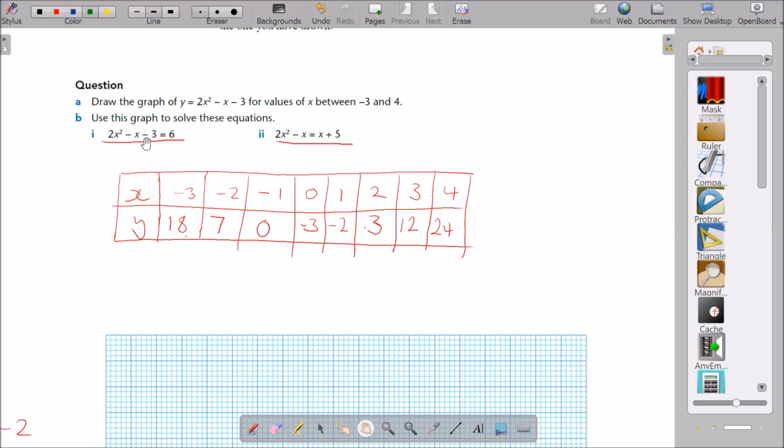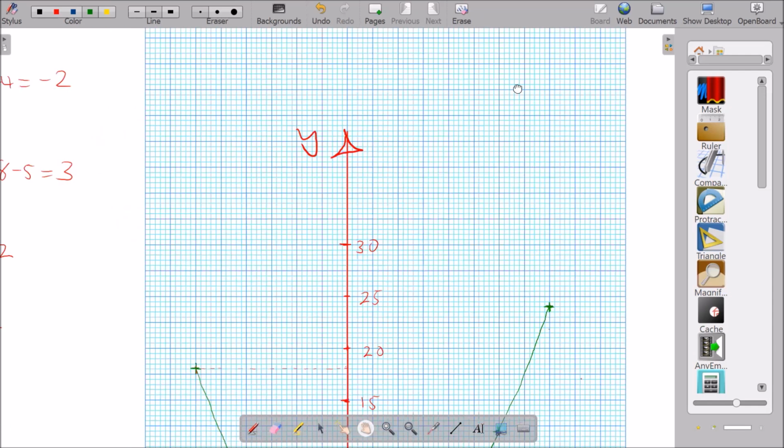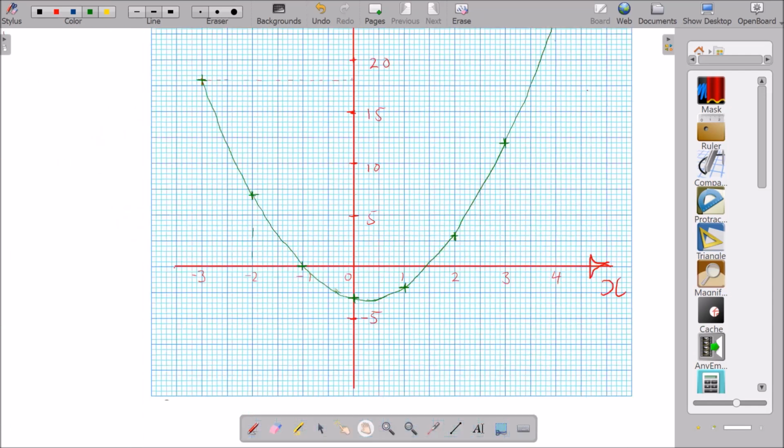2x squared minus x minus 3, which is the graph we have, is equal to 6. So we need the graph. We have y is equal to 2x squared minus x minus 3. We need the graph of y is equal to 6. So this is a horizontal line passing through y is equal to 6.